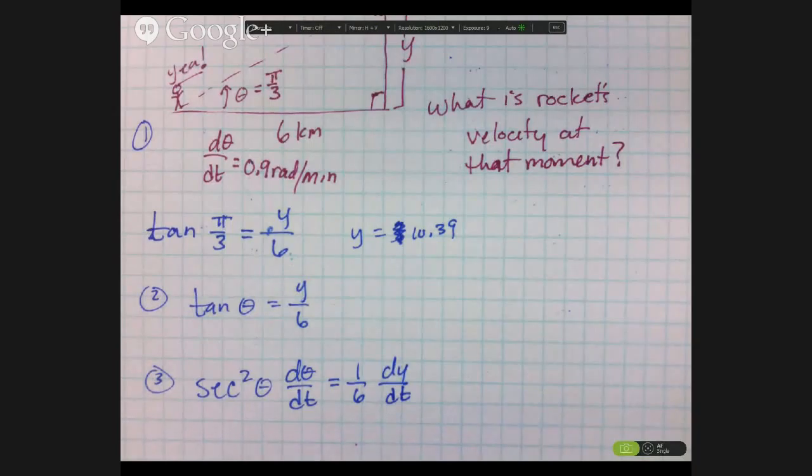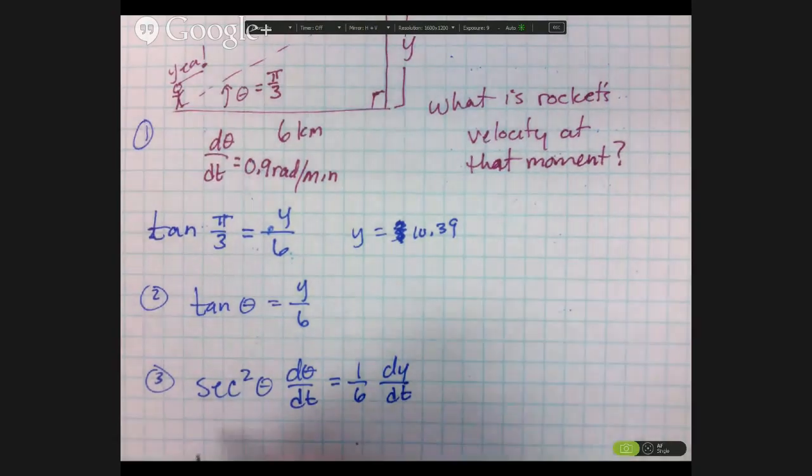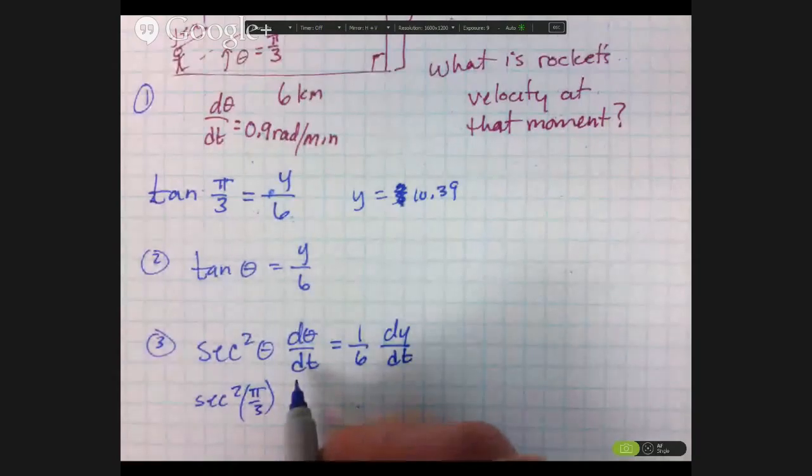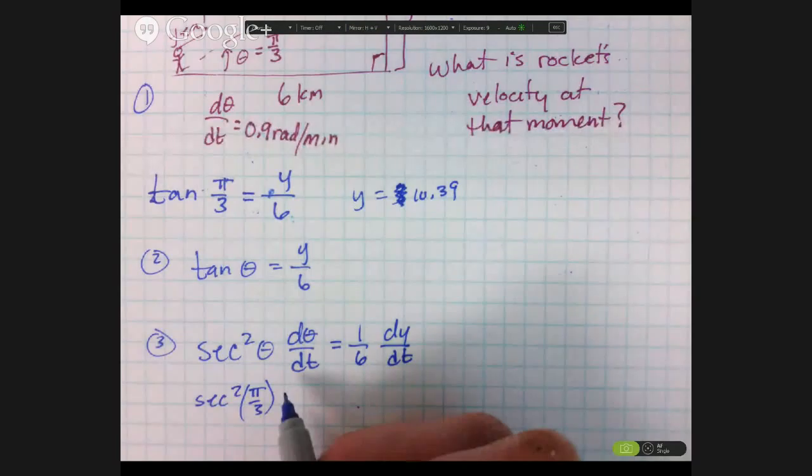To the power of 2. Do we have, okay, what's theta? Okay, pi over 3. What's d theta dt?